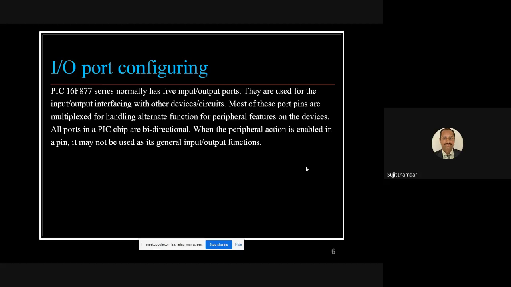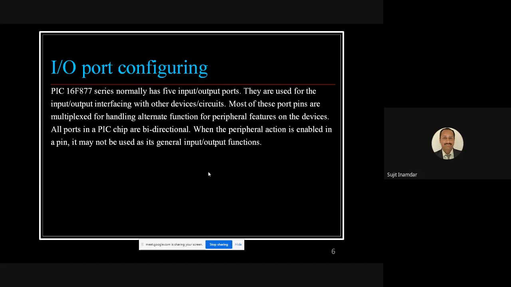Today we are going to see one of the important points, that is IO port configuring. There are 5 ports, the capacity of each one, how we can decide the direction and how we can load the data into that port. That comes under IO port configuring, that is how to configure them.